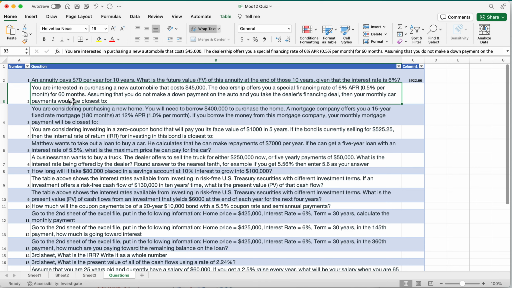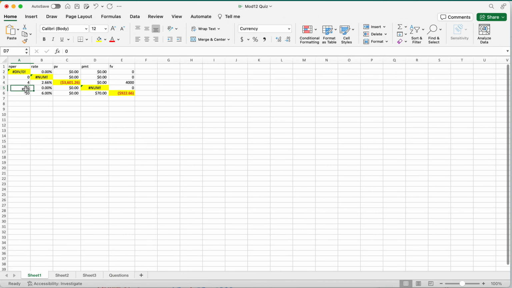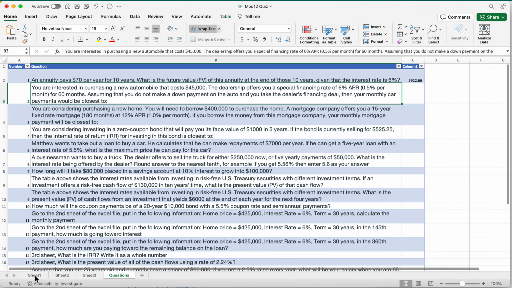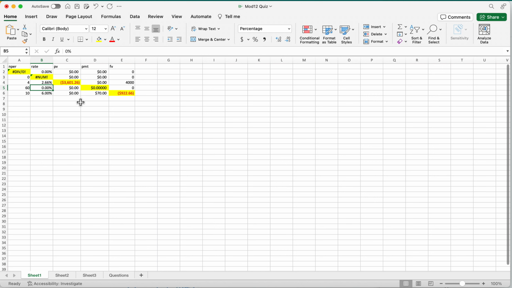So what we need is the number of payments. Since you're doing 60 payments, we want this one right here. So we'll do 60 payments, and it's 6% interest, which is 6% divided by 12.